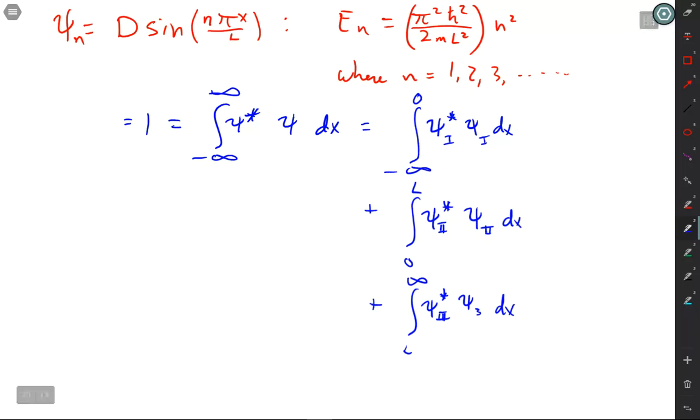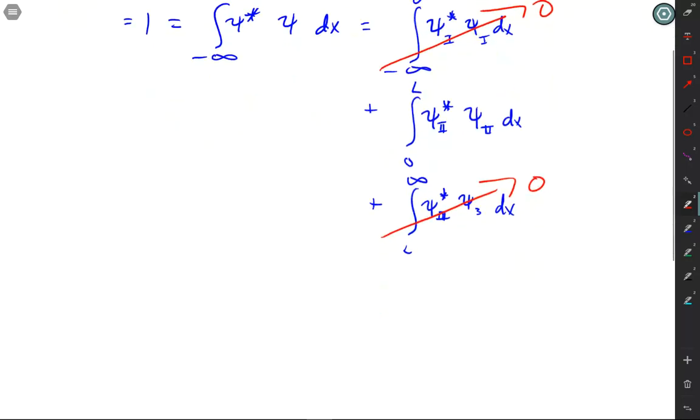I have the integral in region 1 plus the integral in region 2 plus the integral in region 3. So I've integrated over all space. Now, why did I say this is the only time I'm going to be dumb enough to do this? Yeah, because we're integrating zeros for 2 of those integrals. What's the point of writing it out if you know it's 0? The reason I wrote it out is so you don't come back to your notes later and say, wait, why didn't we integrate over all space? Well, we did integrate over all space. It's just that it was 0 for most of it.